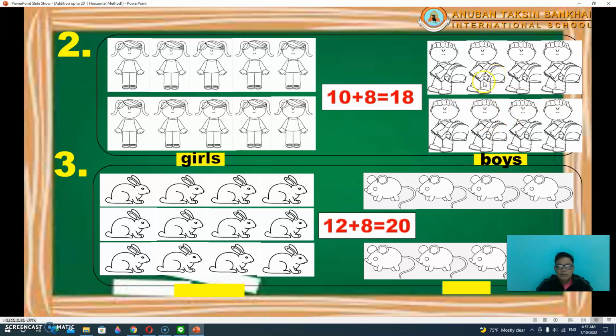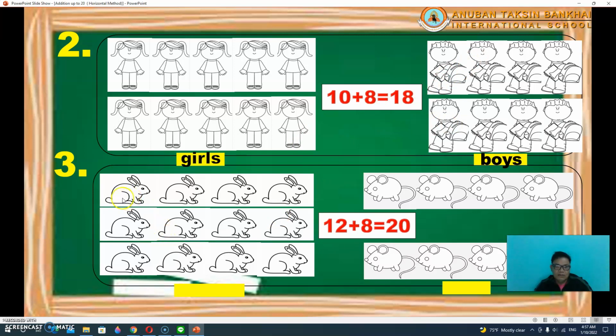How many boys are there? 1, 2, 3, 4, 5, 6, 7, 8. So 10 plus 8 equals 18.